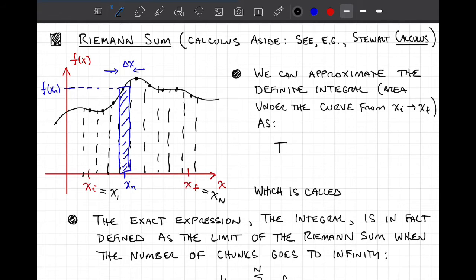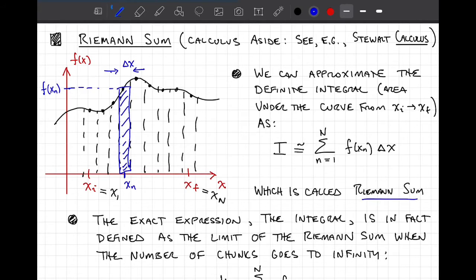So that means that we can approximate the integral as the sum from n equal to 1 to capital N of the area of the rectangle. So the area of the nth rectangle is going to be the height, f of x sub n, multiplied by the width, which is delta x. This thing is called a Riemann sum.